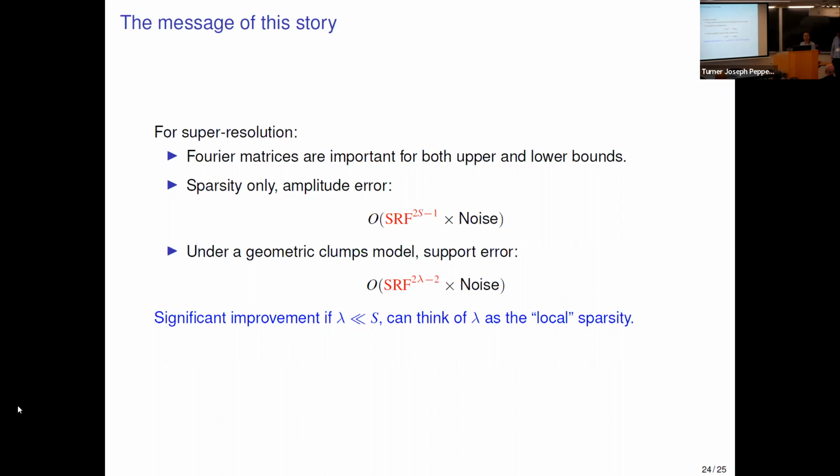So we introduced the clump model, and then we improved the error to the super resolution factor to the power 2 lambda minus 1 minus 2, where lambda is the local sparsity. So utilizing the local geometric information is a significant improvement over using the sparsity only.